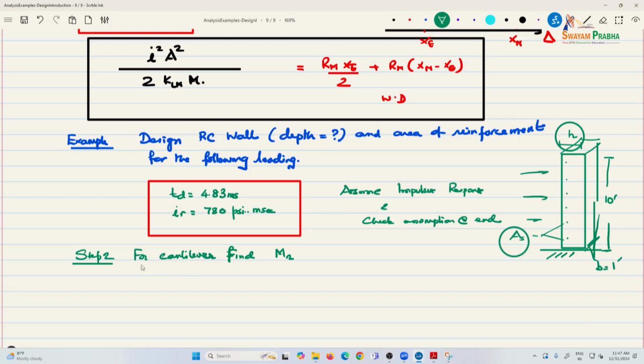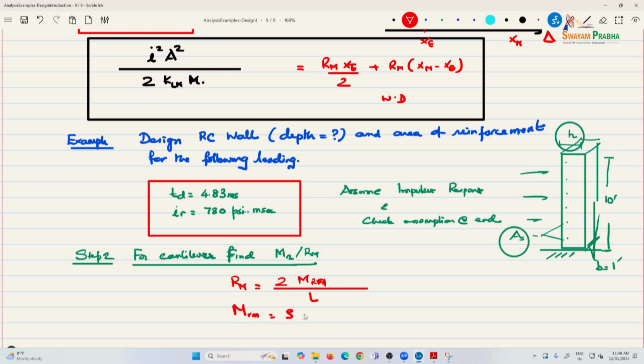So, for a cantilever, to find Mn and Rm, we just go through the reverse process. So, Rm is equal to M Rm divided by L. Now, you can write M Rm is equal to rho Fy d square.